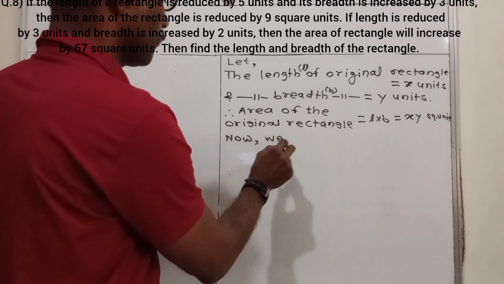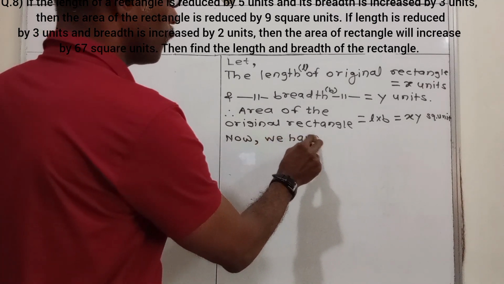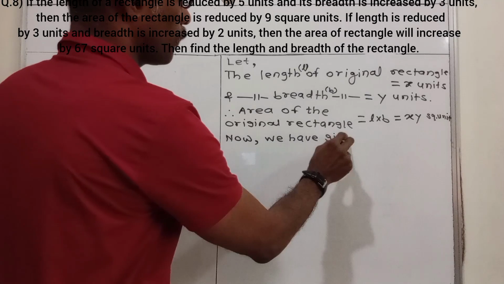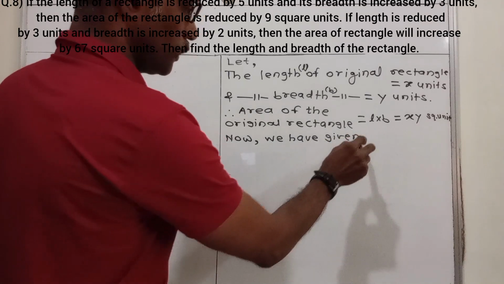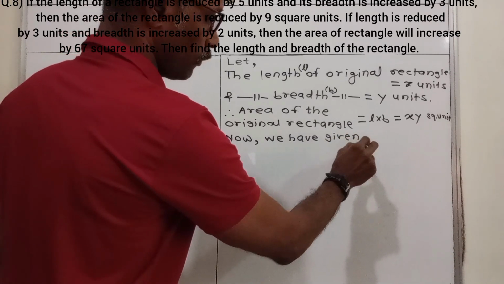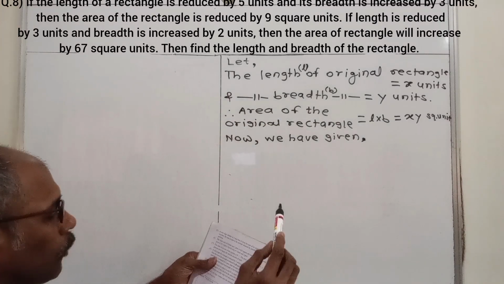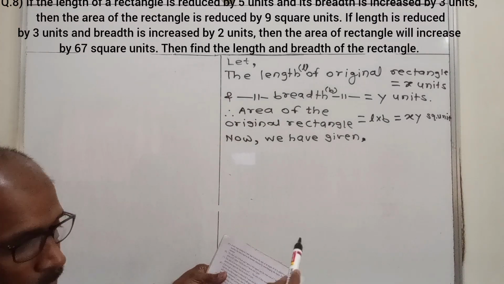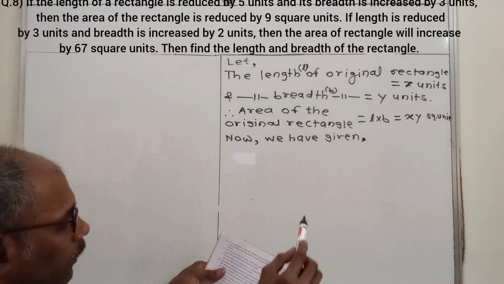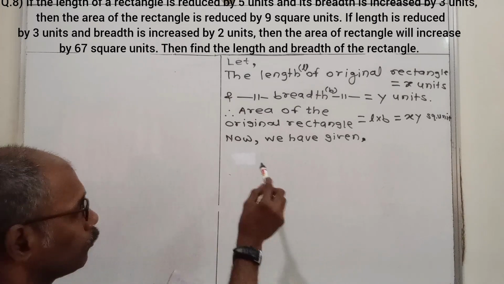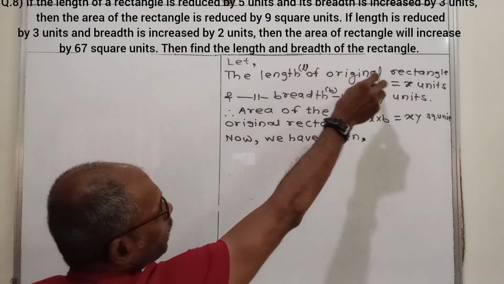Now we have given, see this carefully: if the length of the rectangle is reduced by 5 units. What is the length?